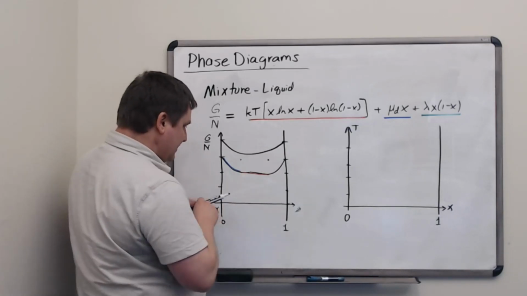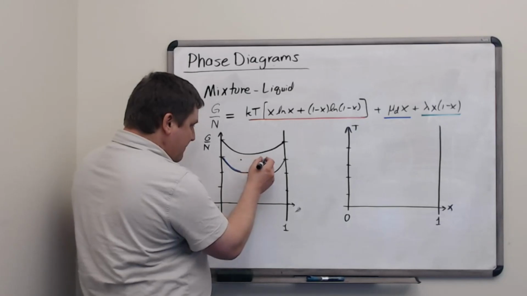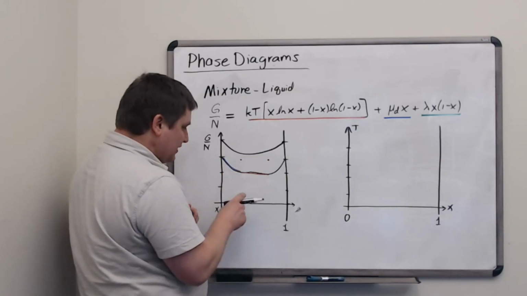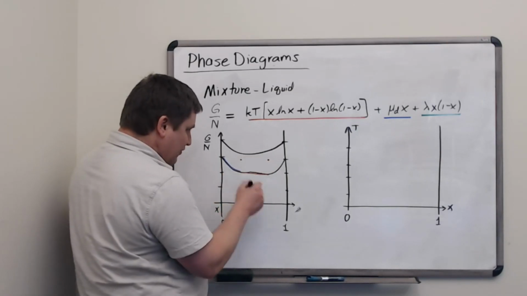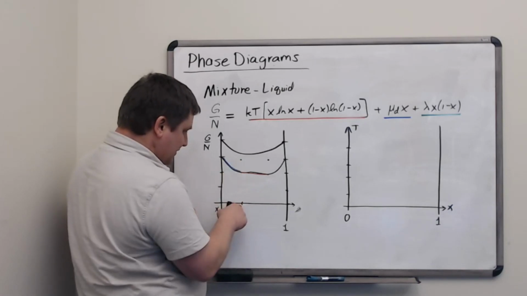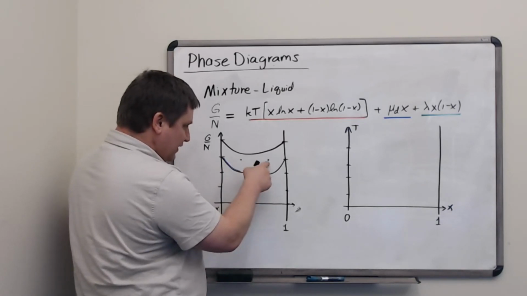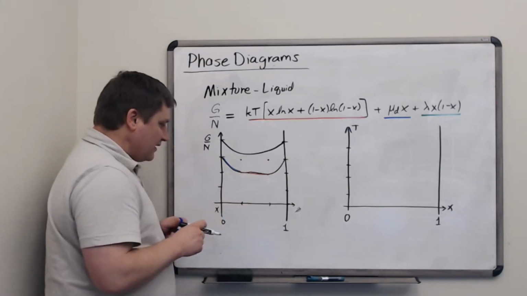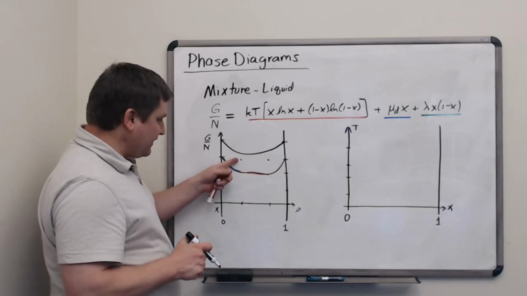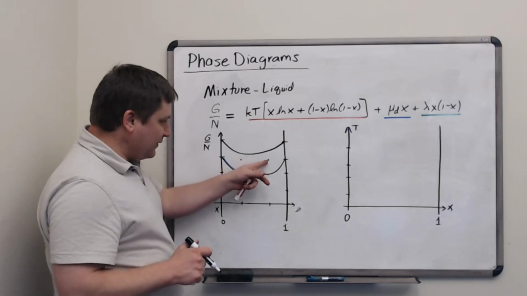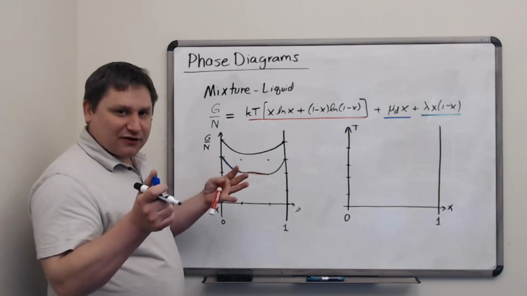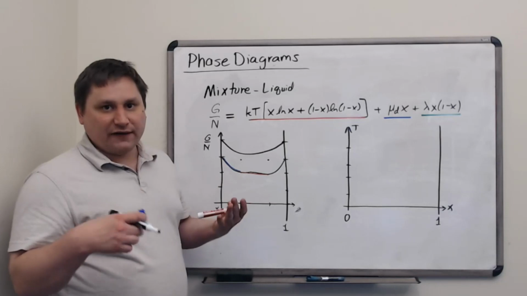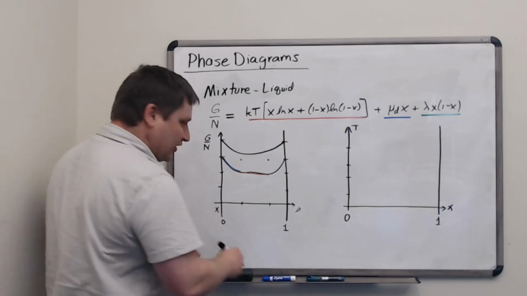So we've got an inhomogeneous mixture between a pure liquid with the properties at that point and a pure liquid with the properties at this point. So we'll have one liquid that's rich in B and one liquid that's rich in A, and those will be separate from each other, kind of like oil and water sitting together in the same jar but not mixing.